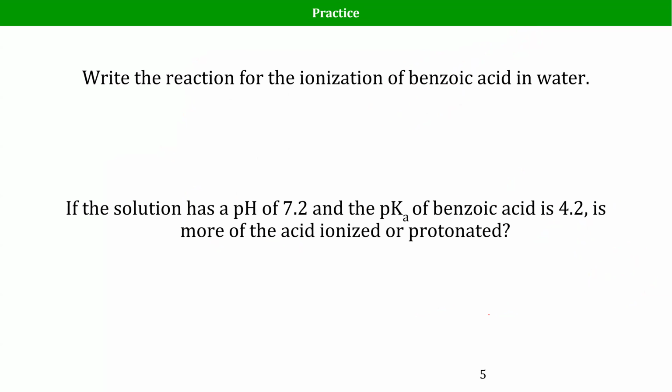So we just did this one, benzoic acid, the ionization of benzoic acid in water. You write it here.